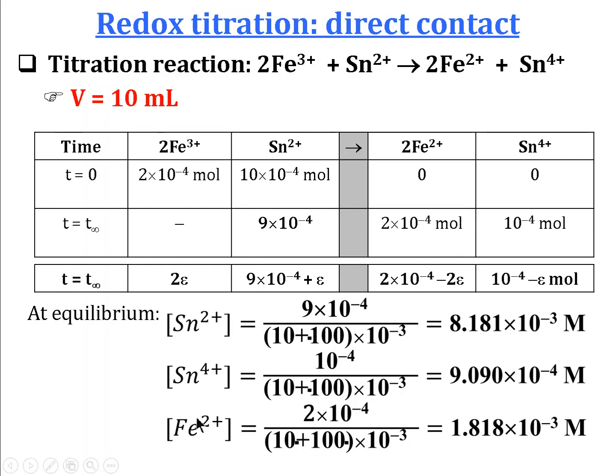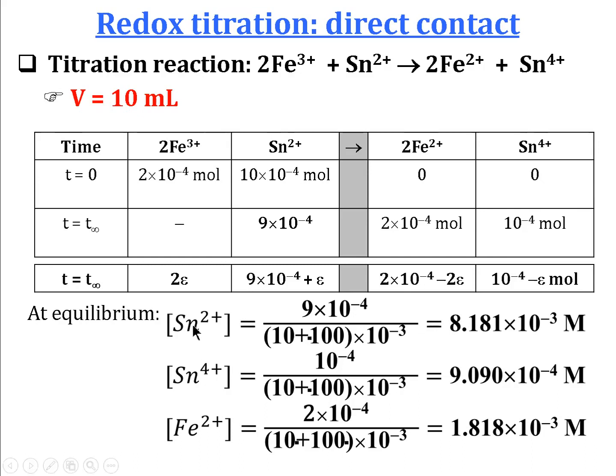Why do I calculate the concentration of all the species at equilibrium? Because the objective is to calculate E of the solution, which is equal to E of couple 1 Fe3+/Fe2+, or E of the couple 2 Sn4+/Sn2+. So we have to know the concentrations of all species to apply the Nernst equation.